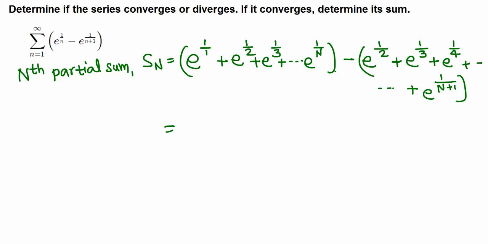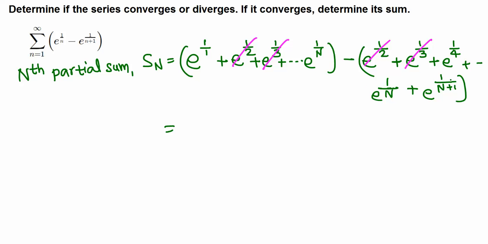Okay, we can distribute this negative sign, and e raised to 1/2 is positive here, negative there, so these two cancel. e raised to 1/3 cancels. And all the way to, if we write the previous term here, that would have been e raised to 1 over one less, so 4, 3. So n plus 1, this would have been n.